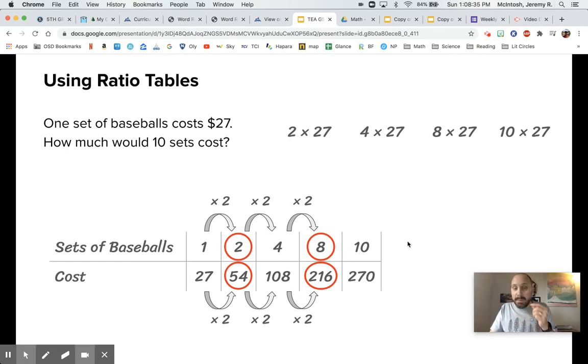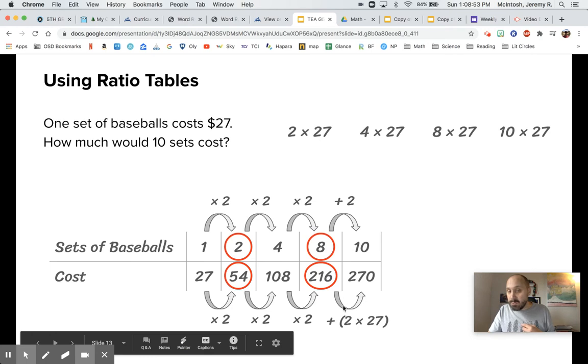But that's a great way to think about it when we're getting into bigger numbers. So what this is showing you with the ratio, what they did here was they added 2 to make it 10, right? 8 plus 2 is 10. We're not adding just 2 to the bottom, because that's not how much the set of baseballs cost.